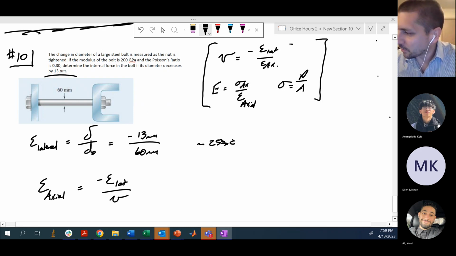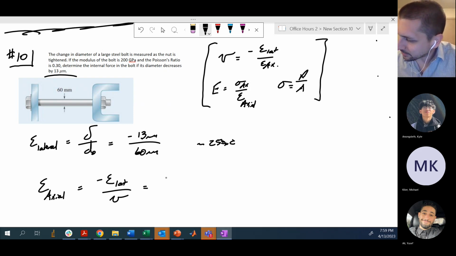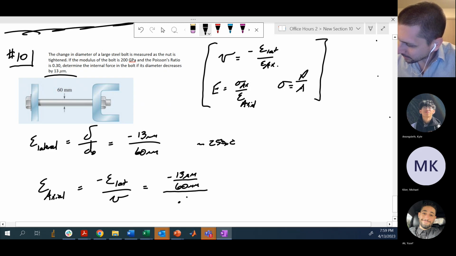It's just the equation up here, rearranged for the axial strain. So this is negative 13 micrometers over 60 millimeters, divided by the Poisson's ratio of 0.3. For this number, I have 722 microstrain.